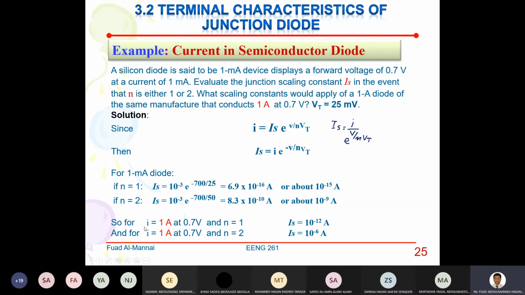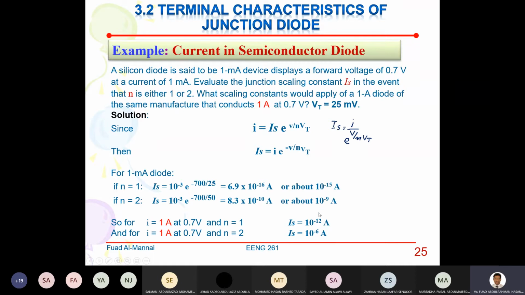I is equal to 1 amp, so take 1 amp and substitute it in here instead of milliamp, and you will find that for N equal to 1 and I equal to 1 amp, IS is equal to 10 to the power minus 12, which is picoamp. IS now becomes pico instead of femto.